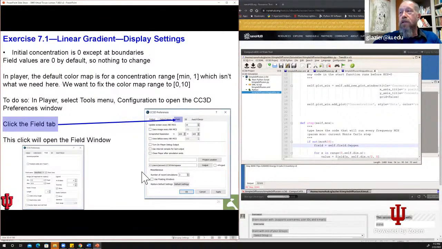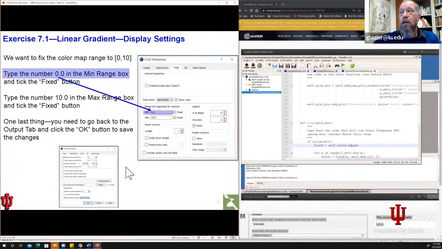And then we have to decide how we're going to visualize the field, which we talked about already. In this case, we could use a fixed range, for example minimum is 0, maximum is 10. We could show the legends, show the contours, and so on.